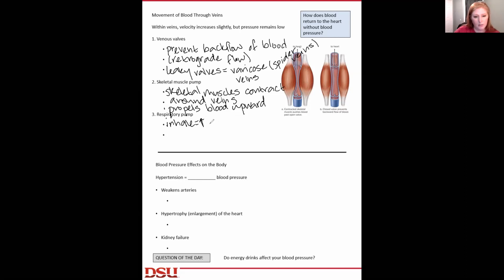Equals higher, and that equals low pressure. This has an inverse relationship. So when we exhale, the opposite's going to happen. When we exhale, obviously you're decreasing the volume of gas in the thoracic cavity, and the pressure changes.